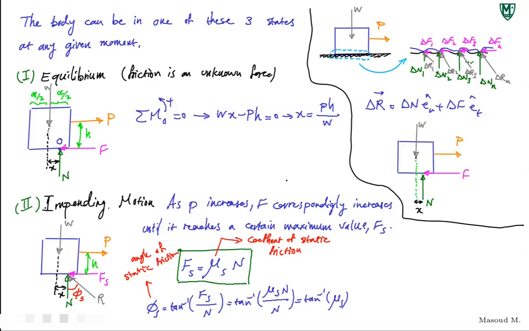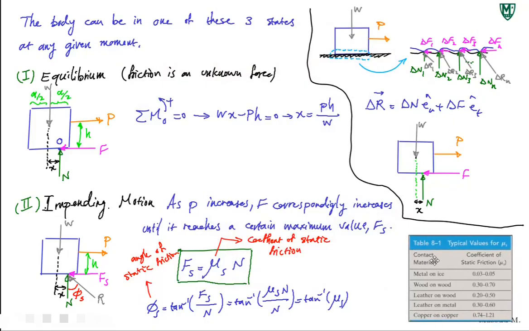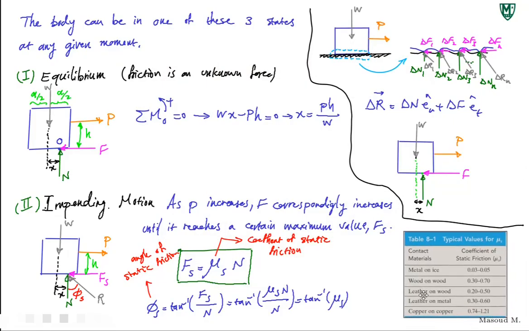And then knowing the N value, which is the normal force equal to weight, they can find the coefficient of static friction. They're usually tabulated in different books, so we can look them up depending on what type of surfaces you have. If you have wood on glass, wood on wood, metal on ice, right? There is actually a table in your book. There you go. I actually took this from your book.